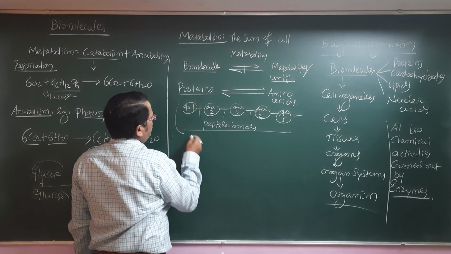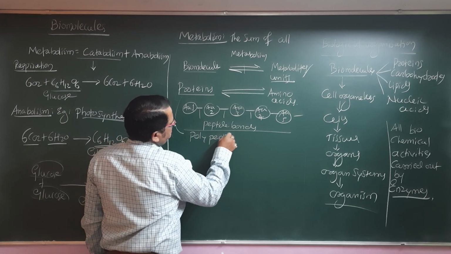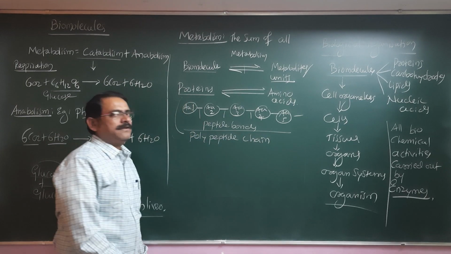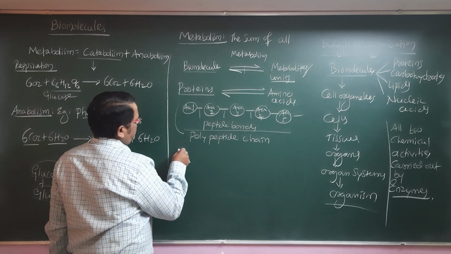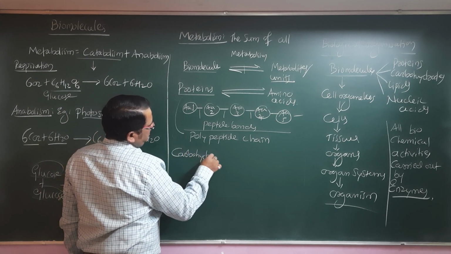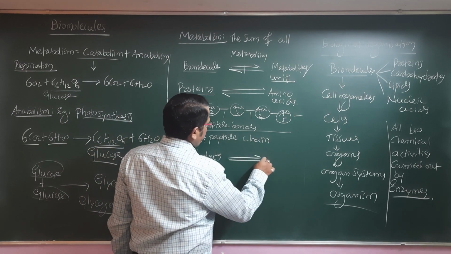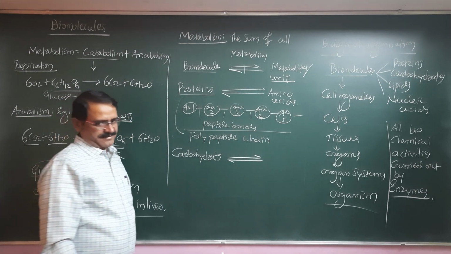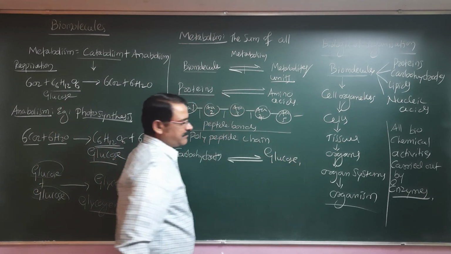Means proteins are made up of polypeptide chains. This is the dynamics of metabolism. Similarly, when you say carbohydrates, what are they basically made up of? Carbohydrates are made up of glucose molecules.